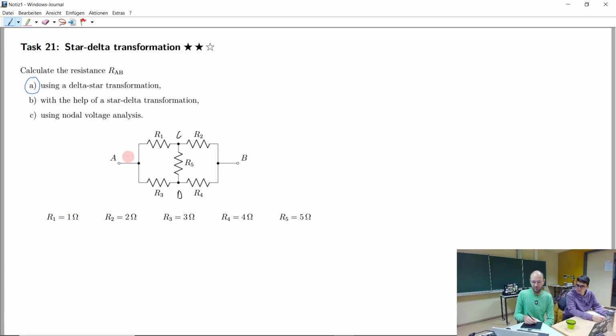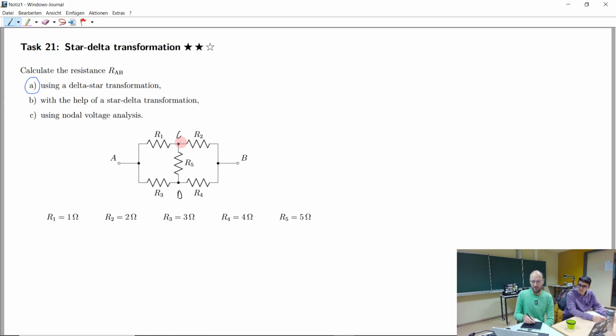We don't really see the delta yet, but there is a delta connection between these nodes A, C, and D, for example. These are three resistors that form a triangle, not drawn as a triangle, but it is a delta, and we would have another delta here.